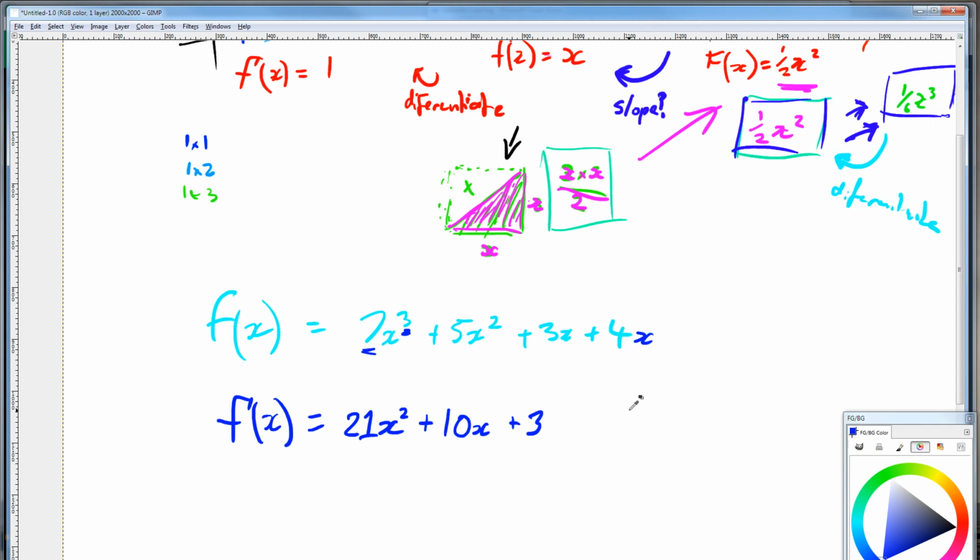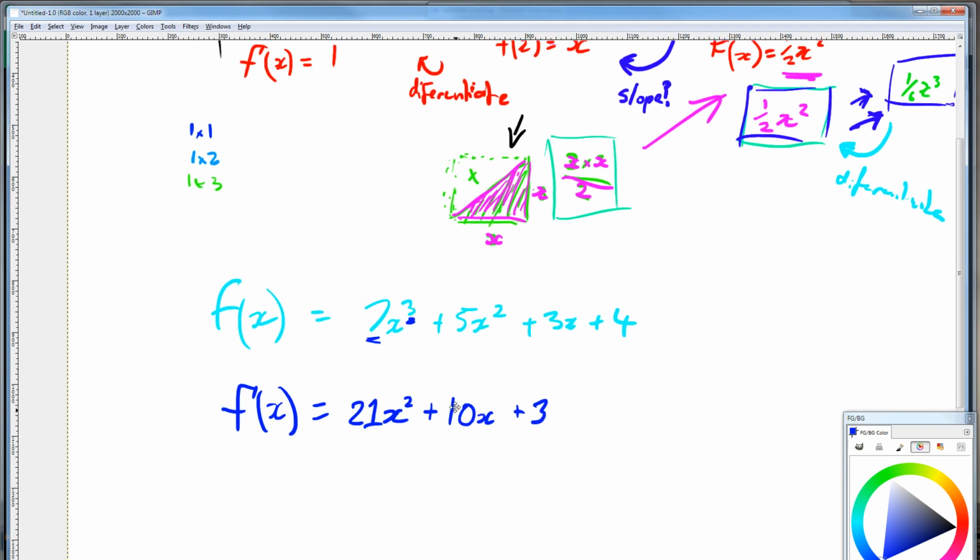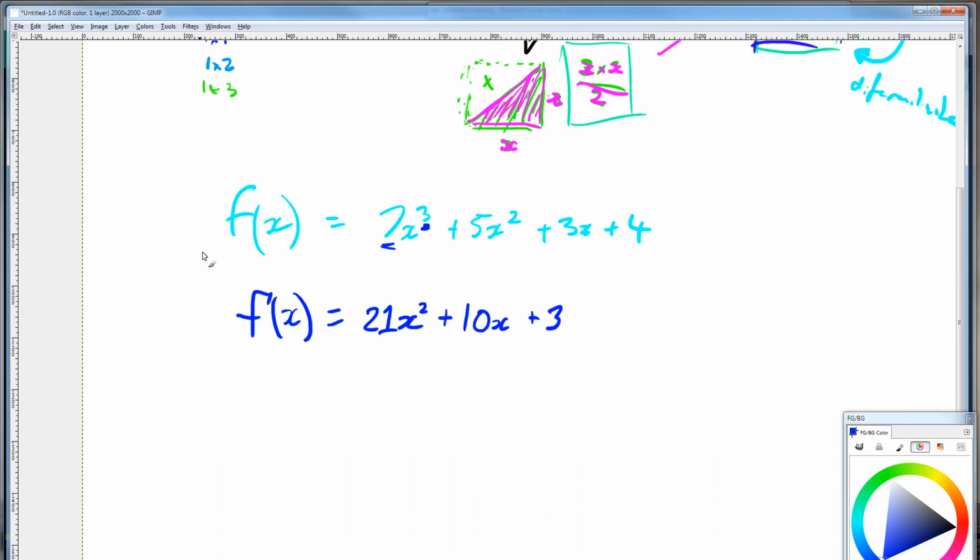Right. So we get that, and then let's say we want to integrate it again. We've differentiated it. Now let's integrate that. So we're going to get f back, vaguely, and so we reverse the process.